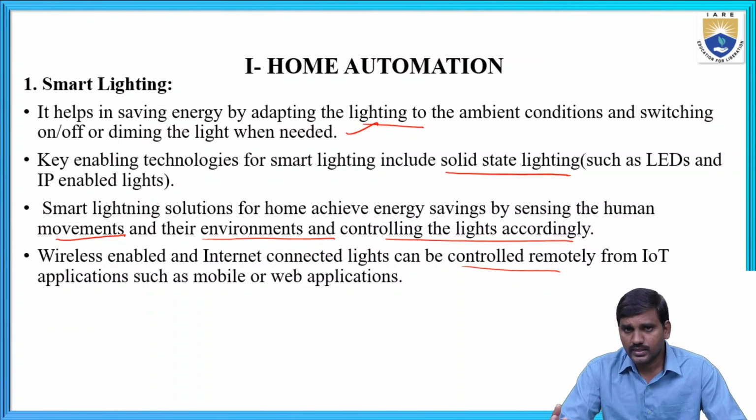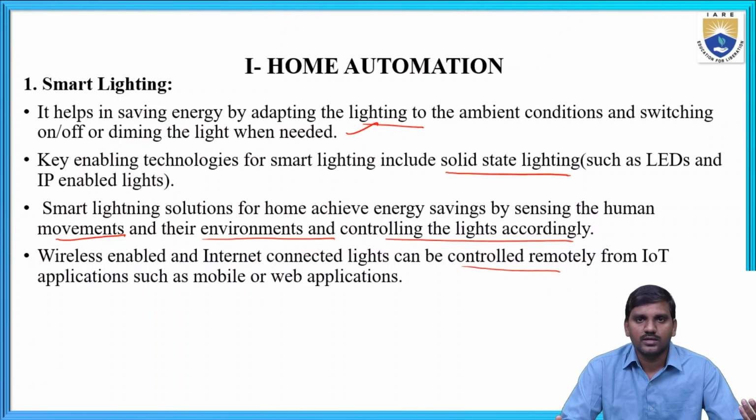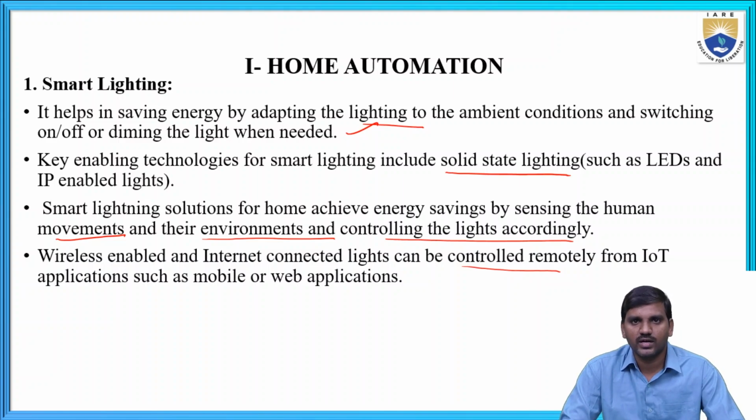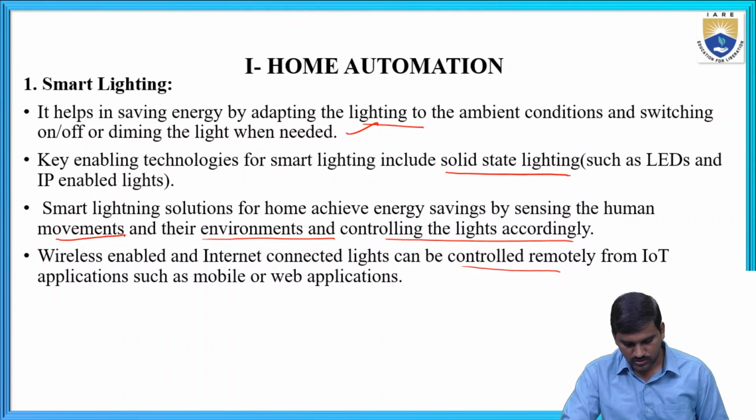So any IoT device in our home can be controlled by mobile or web application. It provides remote access under smart lighting, which is one of the applications under home automation.